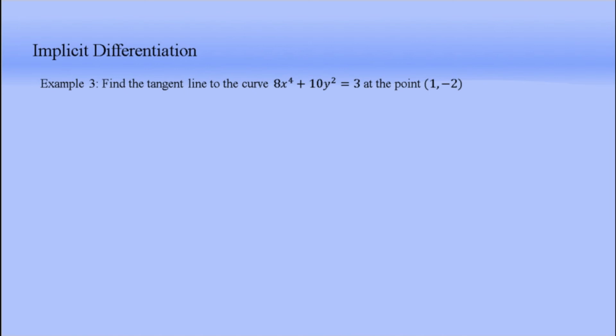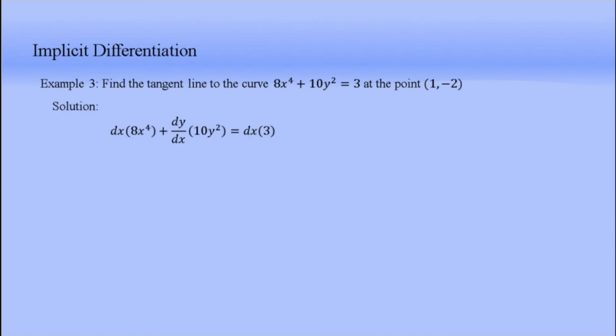And last example for implicit differentiation, this time with given points. Find the tangent line to the curve 8x raised to the 4th power plus 10y squared equals 3 at the point 1 and negative 2. So solution.